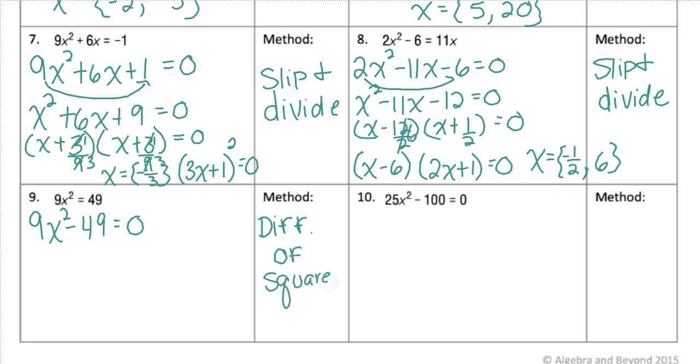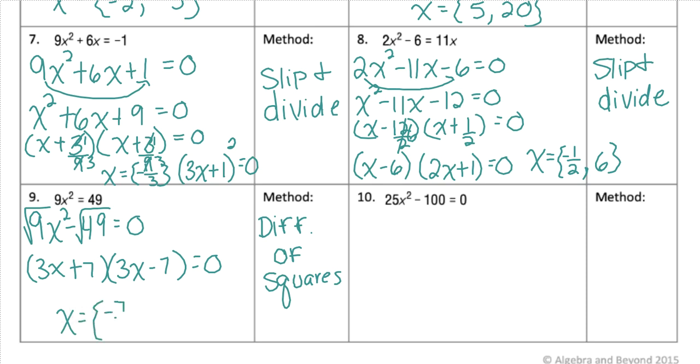So I can use that method of square rooting the 2 squares to find my factors. So when I do that, my factors are going to be 3x plus 7 and 3x minus 7. So my solutions are going to be negative 7/3 and positive 7/3.